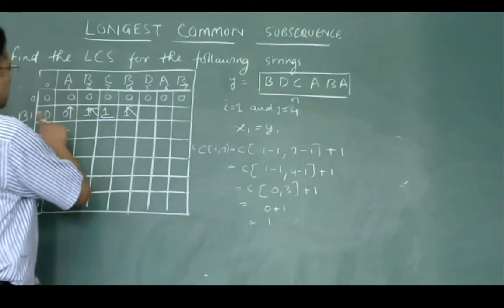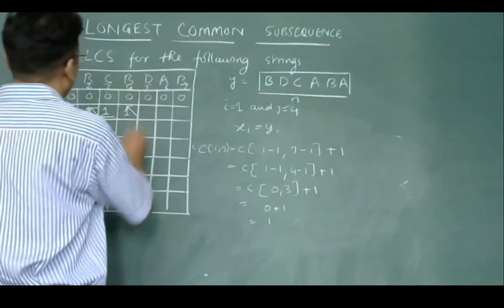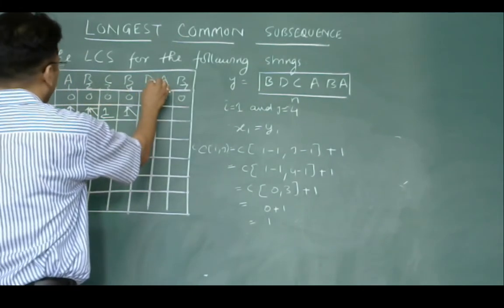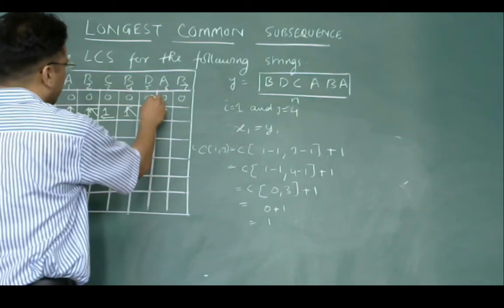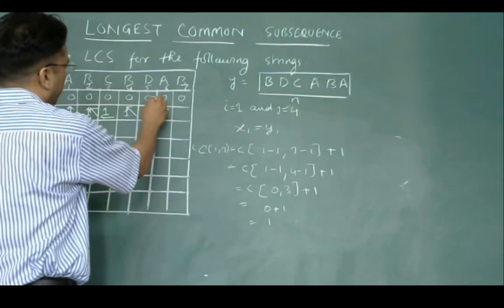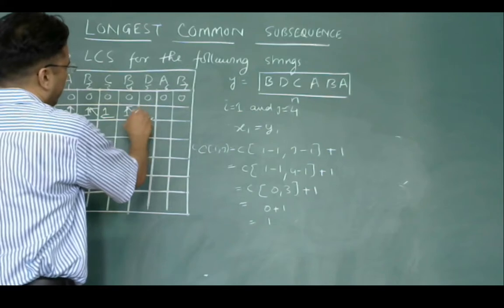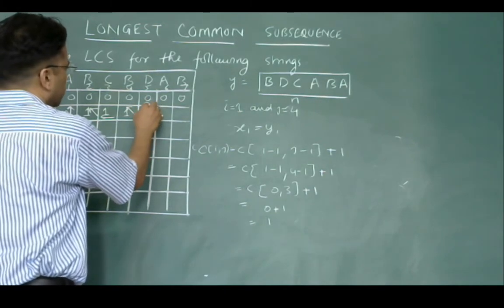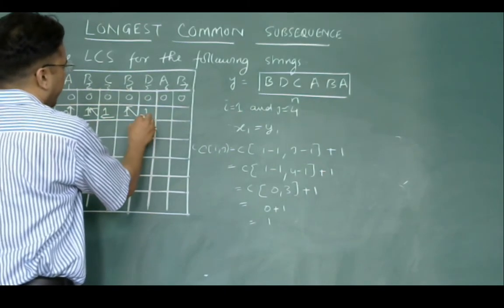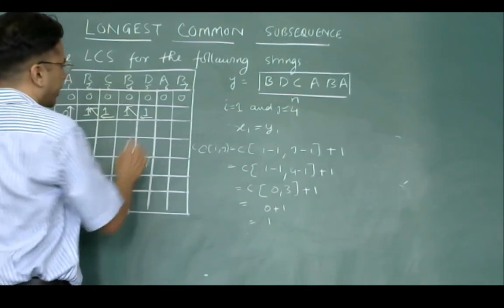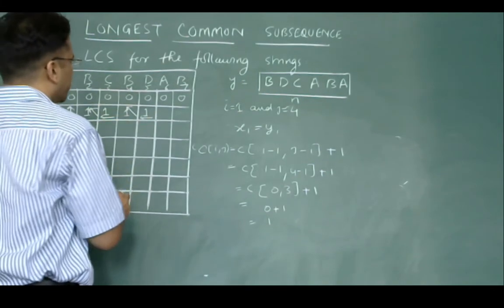Okay, here the element is b. When we compare b and d, they are not matching with each other, so we shall compare the two values 0 and 1. Among these two values, 1 is greater, so we shall place the value 1 and the arrow will be in the horizontal direction toward the greater value.